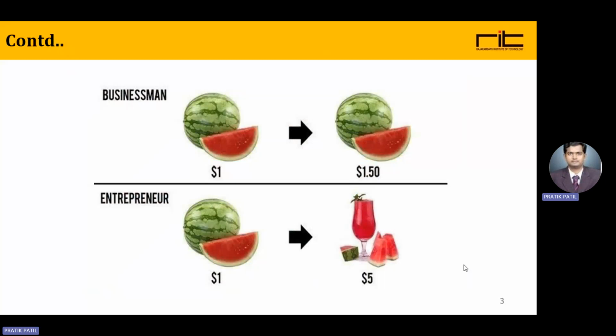The entrepreneur brings some watermelons, then identifies some problems in the society, converts that watermelon into different types of juices, and then sells. So you can see here that his profit margin, that is the boost in his income, is very much higher than the businessman. This is why I showed you this image. This is the difference between a businessman and an entrepreneur.